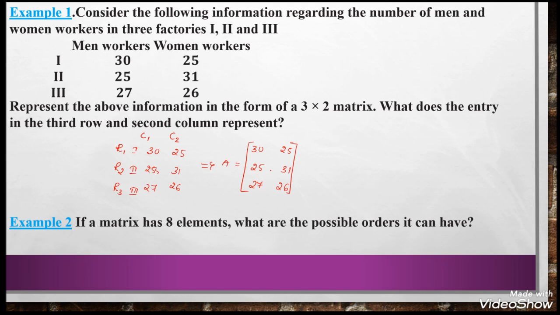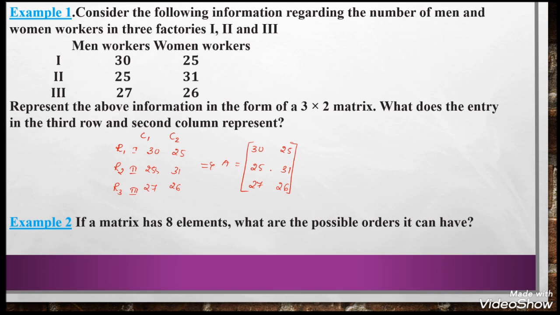Therefore, the given information is taken in the form of a matrix. This is the matrix form. Again, what does the entry in the third row and second column represent? The third row represents the workers in company 3, and the second column represents the number of women workers.